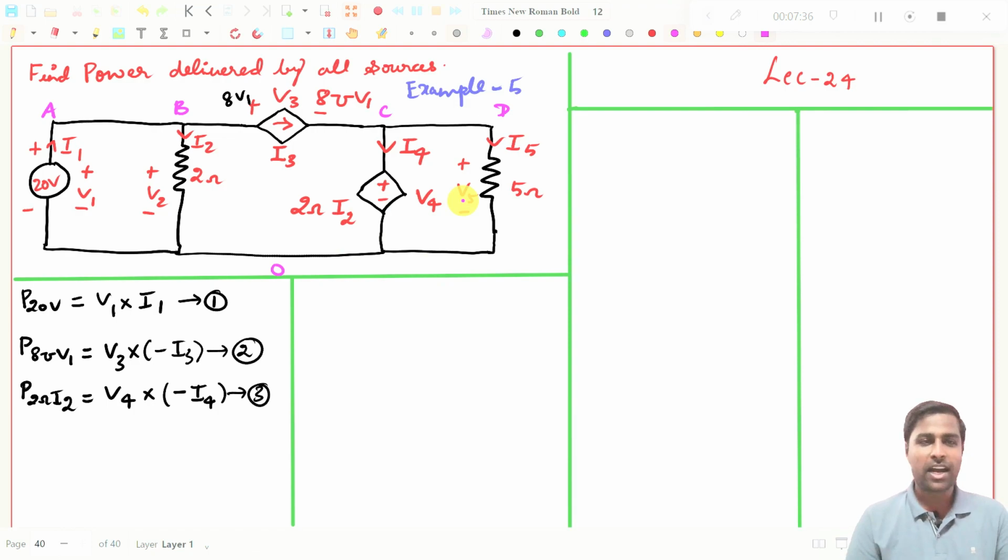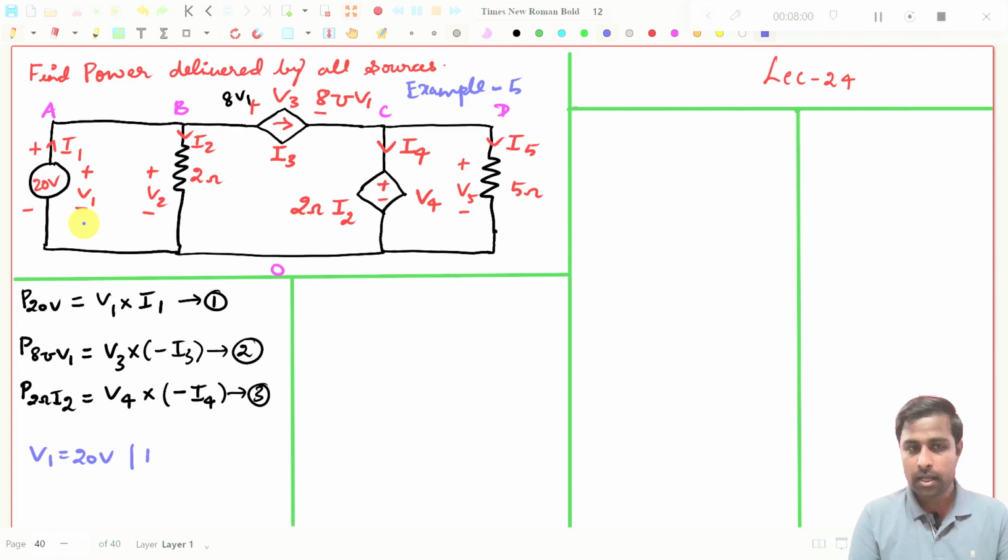Right. So what I will do now, see, we know here it is given V1, which is nothing but 20 volt. So V1 is 20 volt, it is given, right? So now we can write a KVL expression for this loop ABO.